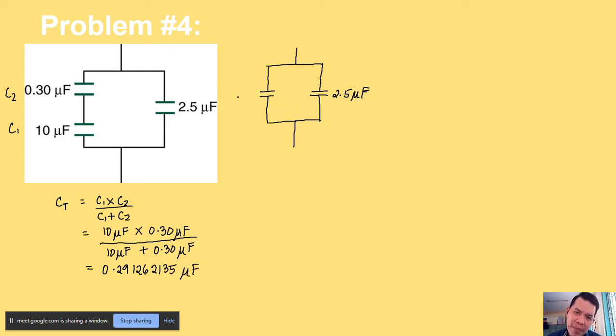So we will just label this capacitor dito sa ating bagong diagram as 0.291262135. At dahil dyan, may pag-asa na po si 2.5 microfarad na makahanap ng kanyang partner sa katauhan at sa kabagayan. 0.291262135 microfarad. They are connected in parallel.